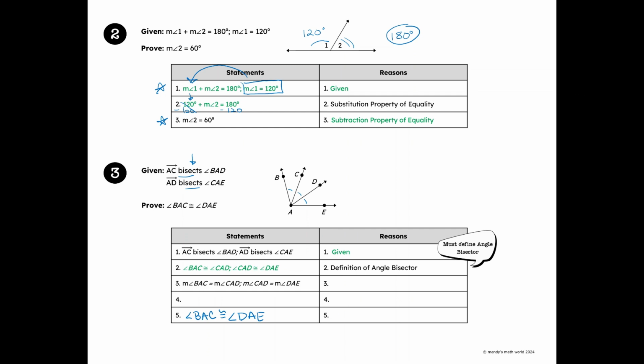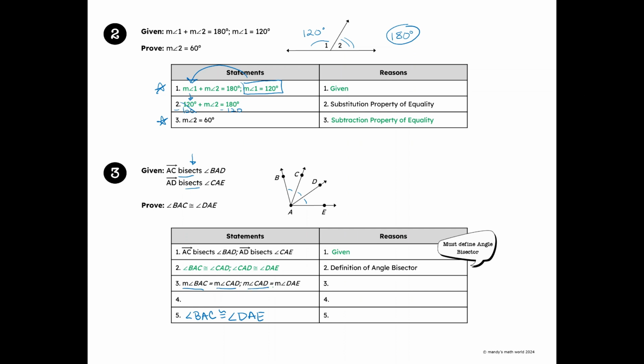Okay, a lot of times when you see segments or angles are congruent, not always, but in your next step, it tells us that either the lengths or the measures are equal. Okay, so our next step, we can say if the angles are congruent, the measures are equal, right?